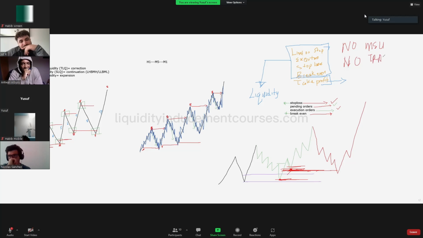Is that not what we said? So even with you having structural liquidity, it is not enough for you to jump into any trade. It's just a level for you to pay attention to. And once there is an MSU following through, that's where you have your trade.